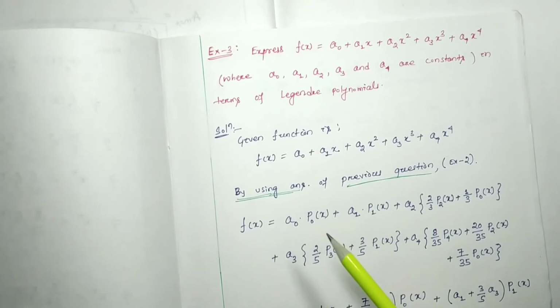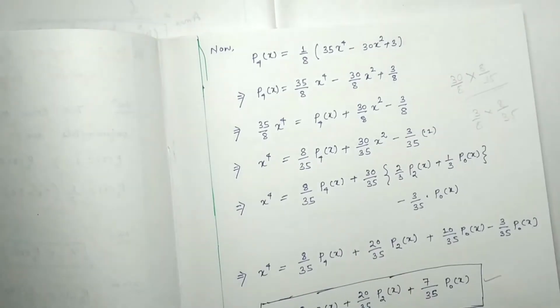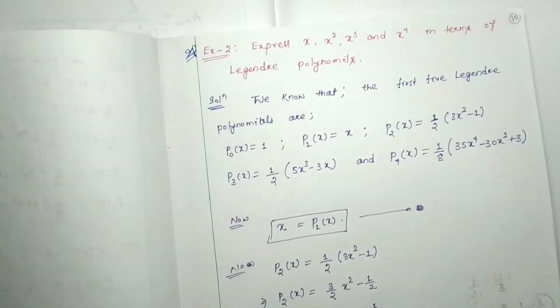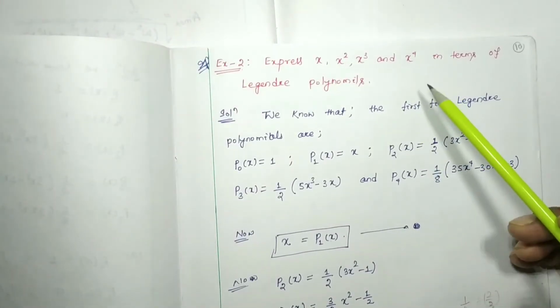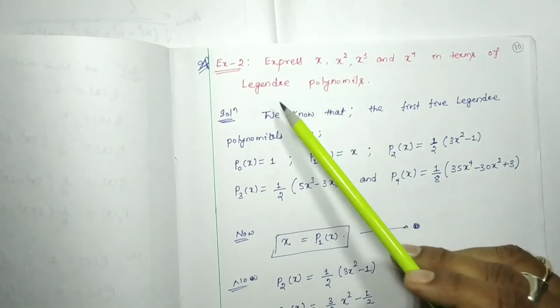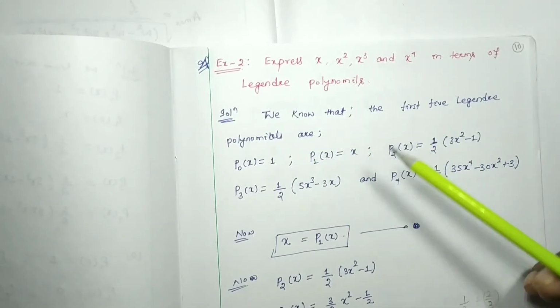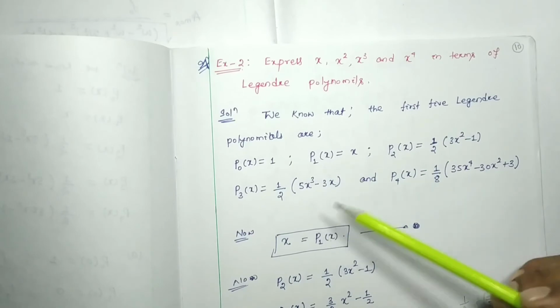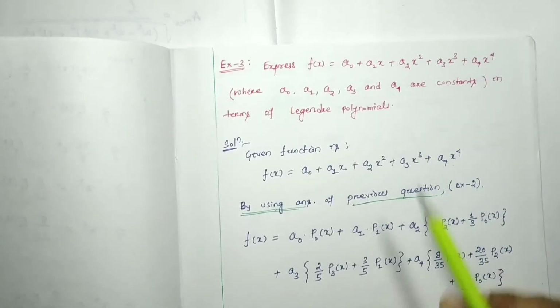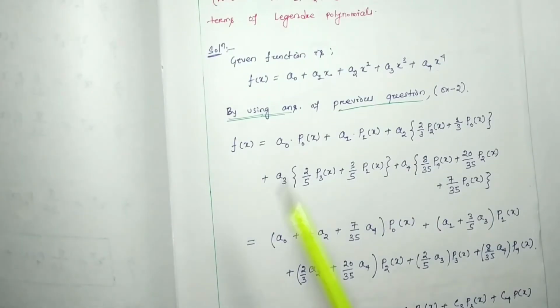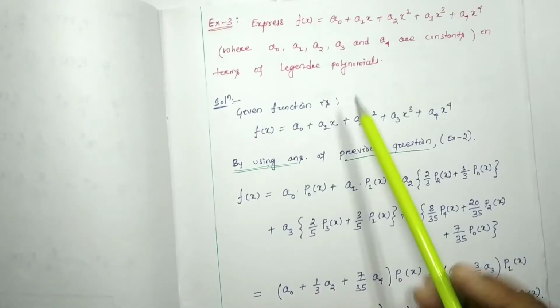See, in our previous question we already expressed x square, x cube, x4 in terms of Legendre polynomials. Now we are going to use the result of that question to solve this problem, okay. So the given function is this one.